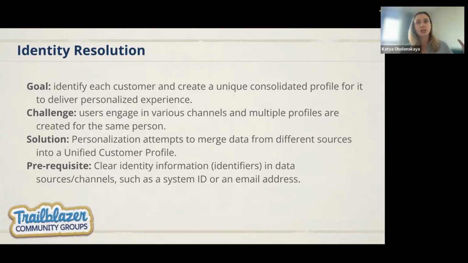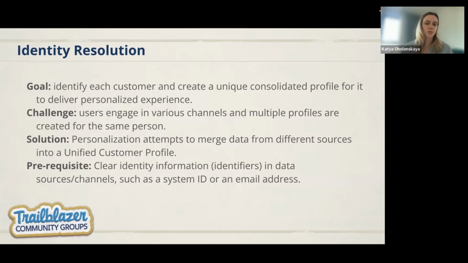So basically, we might store data about our customers, but we need to help the system understand what the identifiers are in different sources, so that we can merge profiles together and create a profile for one individual. The prerequisite is, of course, clear identity information. It means the identifiers in different data sources and channels that we would like to integrate.